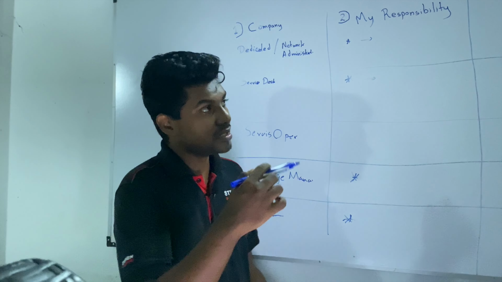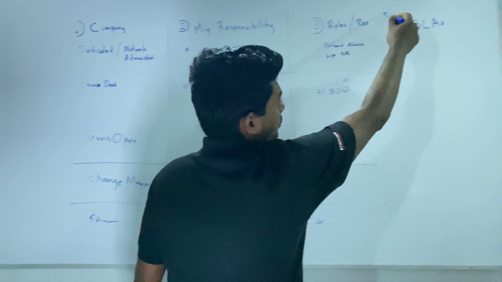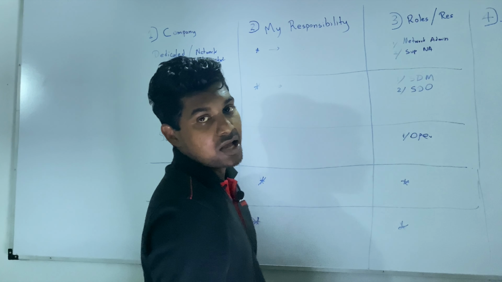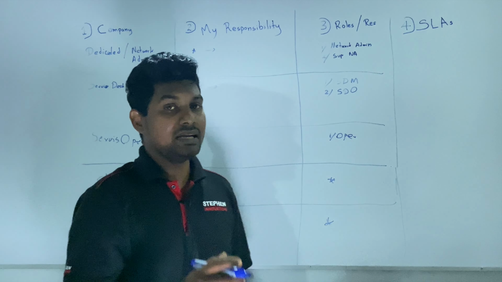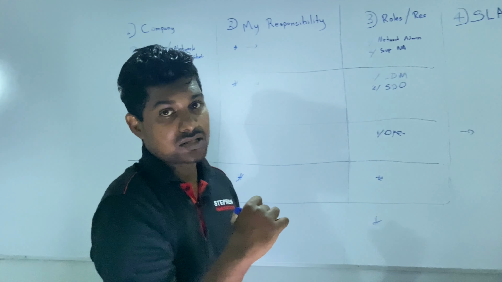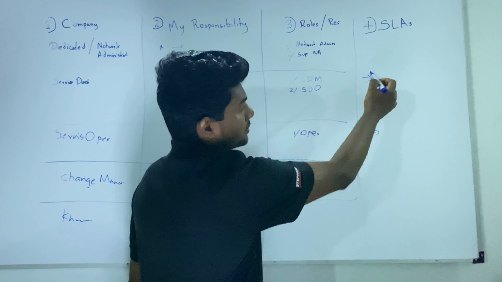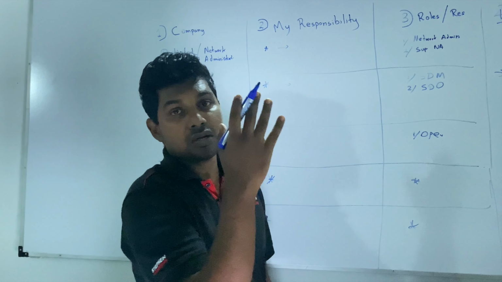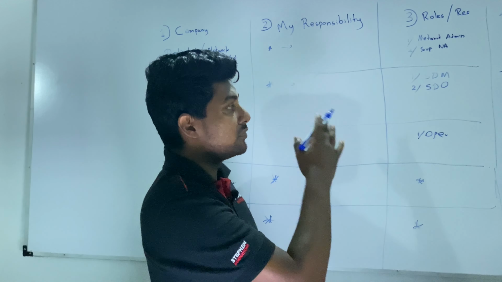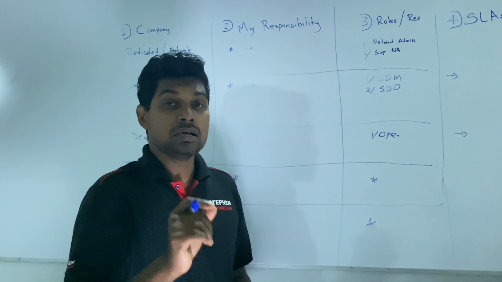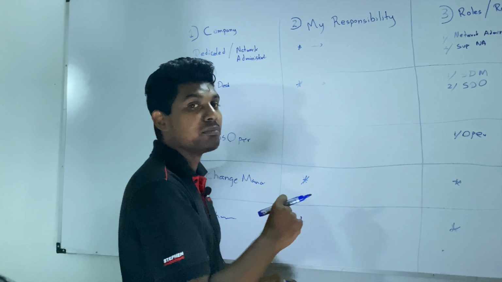Apart from these, we have SLAs. If we go with the SLA, we have to properly maintain what time we are giving the service operations and what time we are giving the service desk operations. We have 8 a.m. to 9 p.m., Monday to Friday, and in written manner we have to maintain it one by one.